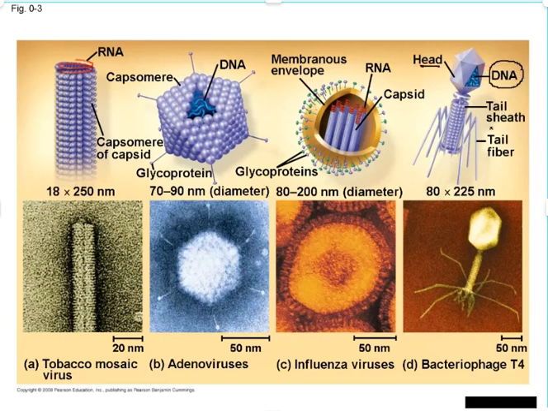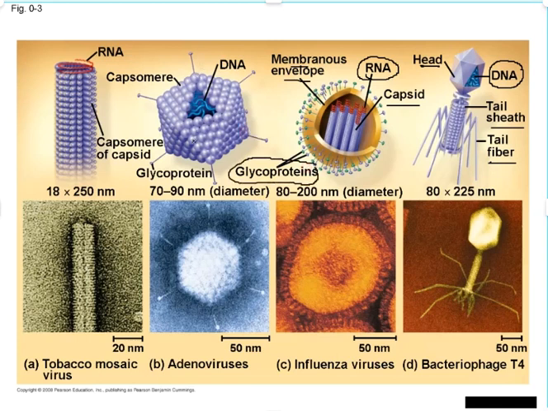The last one is bacteriophage having DNA, tail sheath, tail fiber, and the tail fiber attaches itself to the bacteria. So capsid encloses the viral genome, and there are RNA viruses and DNA viruses also. Inside is the nucleic acid, which you can see. There are membranous envelopes onto which glycoprotein is attached.